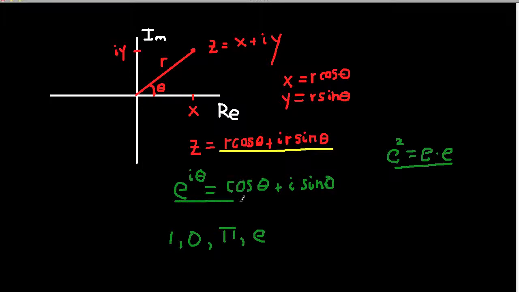And using this particular notation, we can take our complex number z and write it as z is equal to r times e to the i theta, where r is the length of this line right here, and theta is this angle.